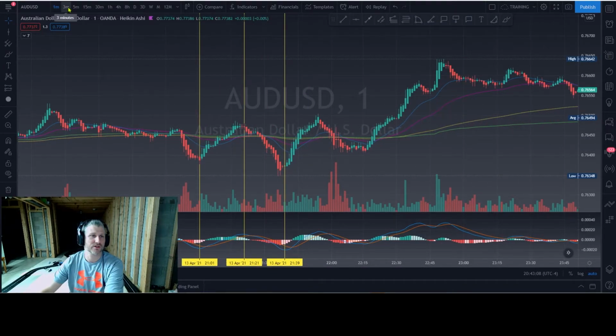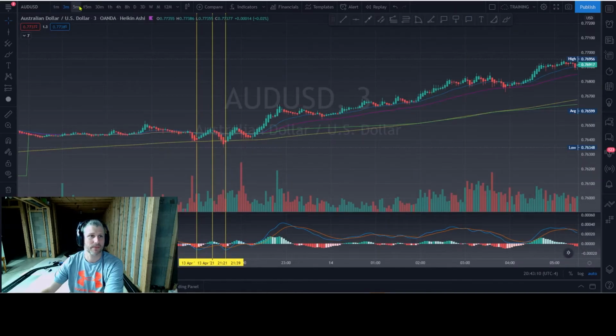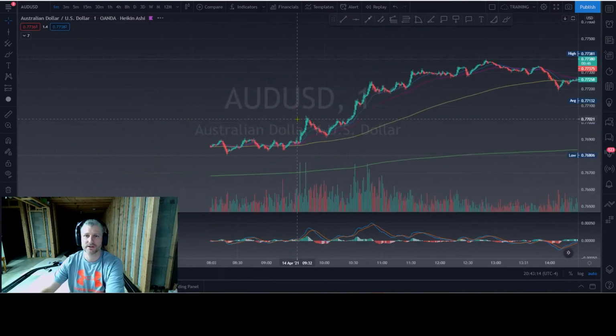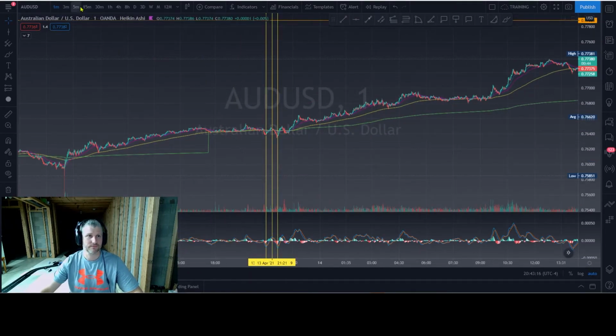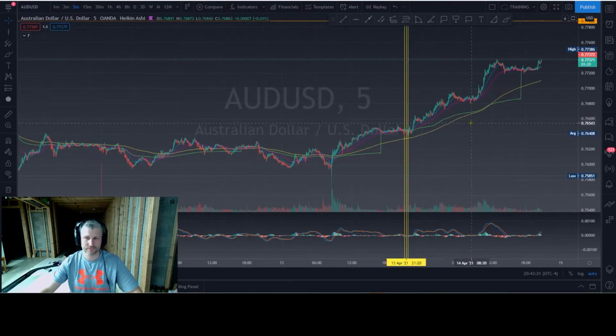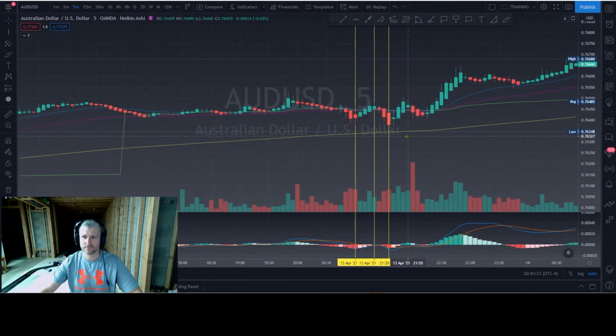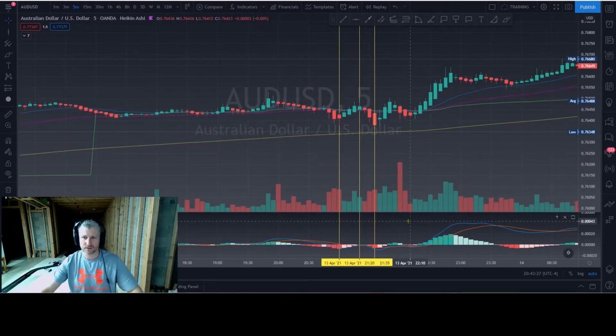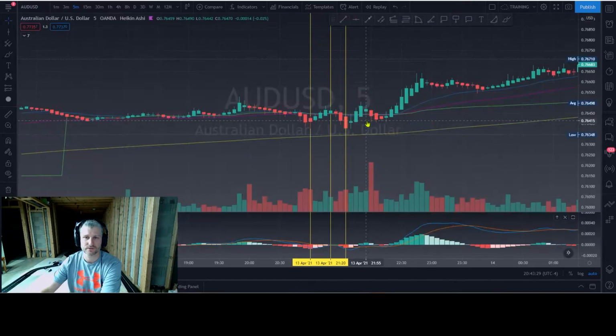So moving into a higher time frame though, let's go to the 5 minute. And my bars have disappeared. See how much smaller on the 5 minute it is.